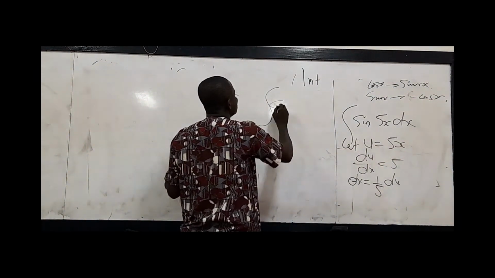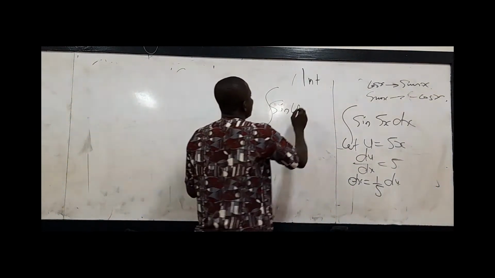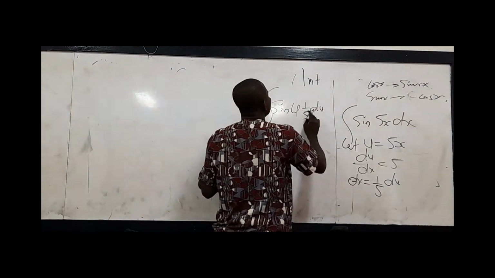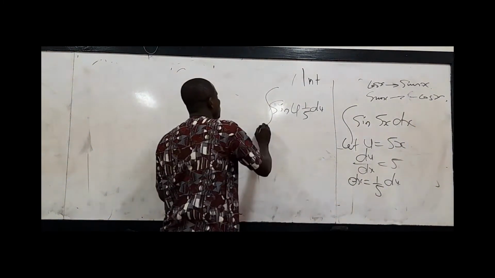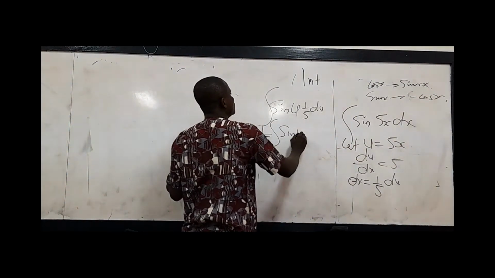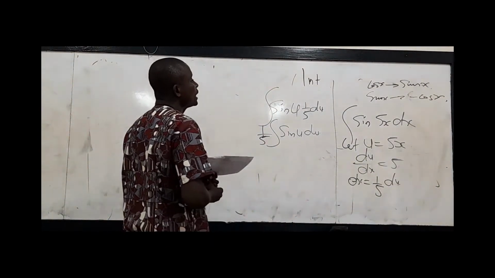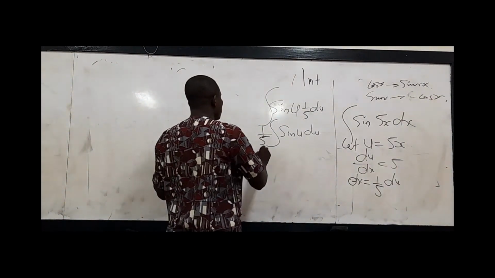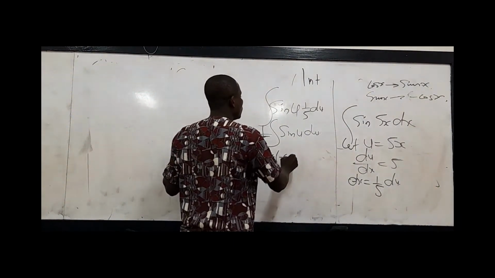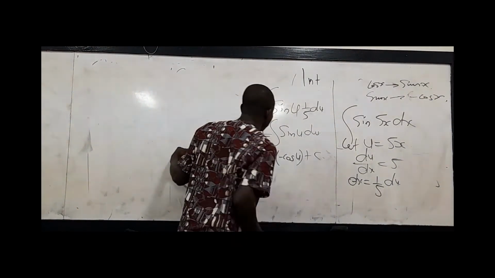So coming back here, we are going to have integral sine u, 1 over 5 du. So let's put the 1 over 5. It becomes 1 over 5 integral sine u du. And I'm saying that if you integrate sine, you get negative cos. So it becomes 1 over 5 times negative cos u plus c.